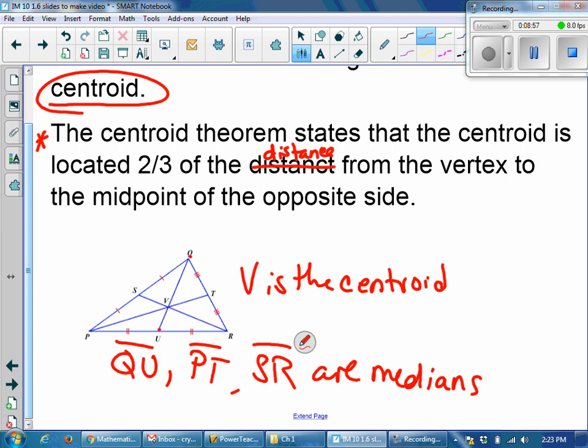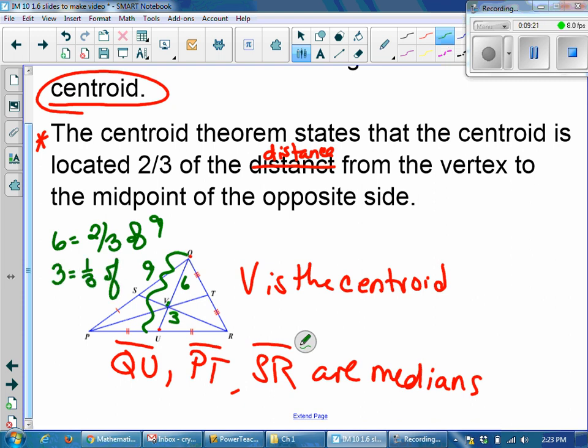So if all of QU had a length of 9, then I know that from Q to V would be 6, because 6 is 2/3 of 9. And from V to U would have to be 3, because there's 1/3 left over, and 3 is 1/3 of 9. So if you had the length of the whole segment, you could figure out the length of the parts, because they would be split in a 2/3 to 1/3 ratio.